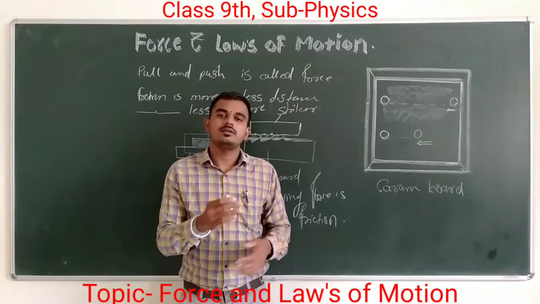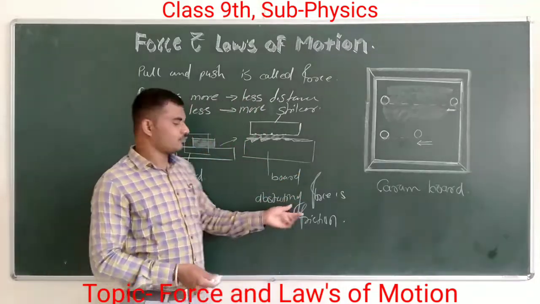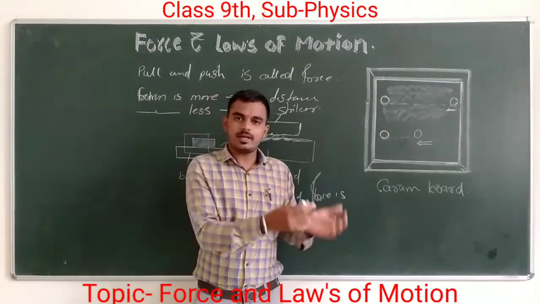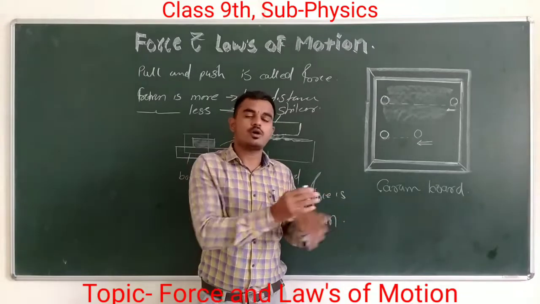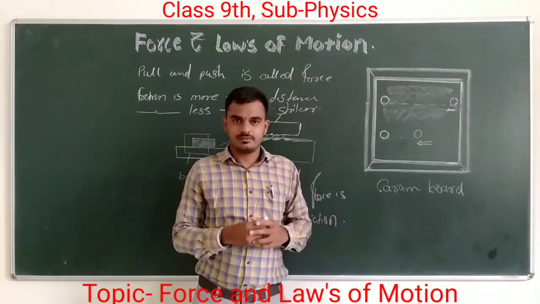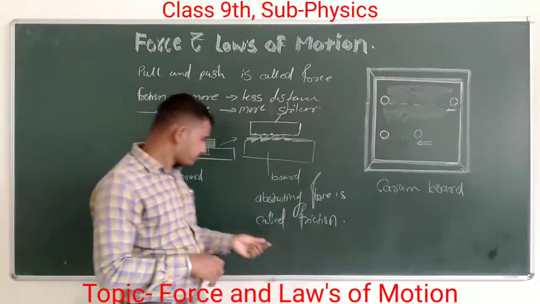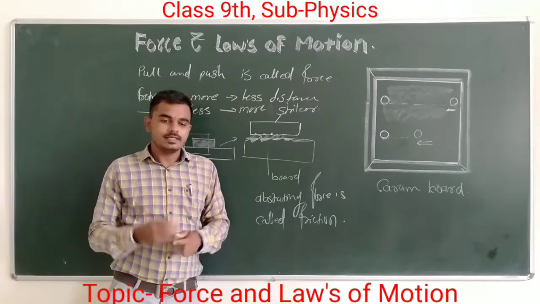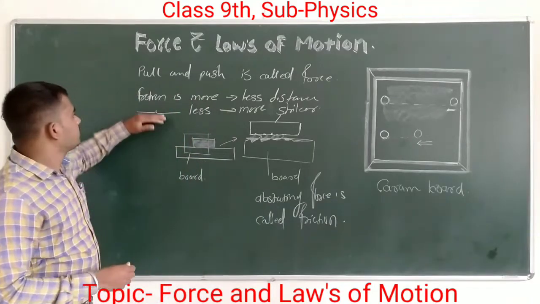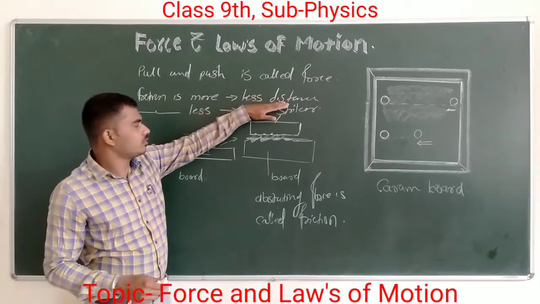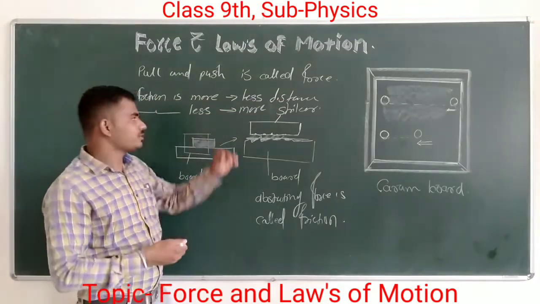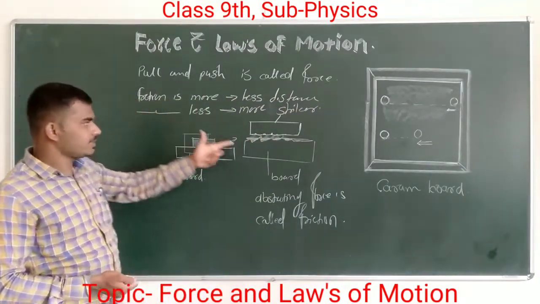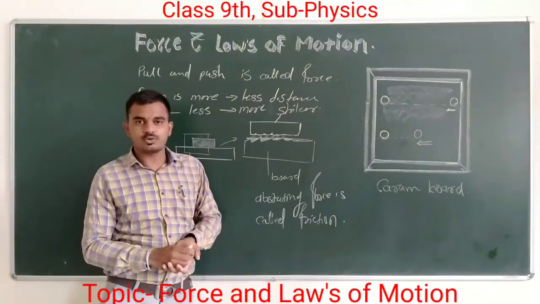But there is another force present in that motion. If we don't apply force, the object will stop because of friction. Galileo said that if the friction is more, there are more obstacles, so the object covers a shorter distance, and if the friction is less, the object covers more distance.